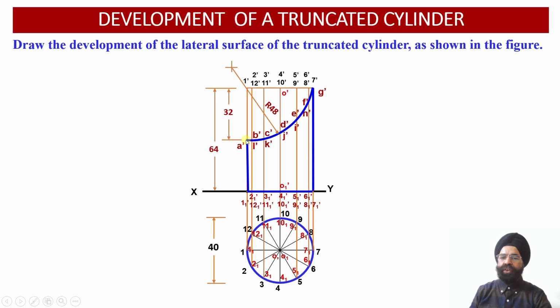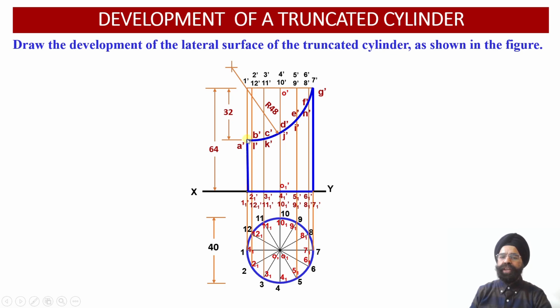Now the question arises, how do we obtain this circular arc in the front view projection? We know that the radius of the cylinder is 40 millimeter on the horizontal side. On the vertical side, the intersection of the circular cut section with the cylinder starts at a distance of 32 millimeter from the top face, that is at the midpoint of the edge 1 dash 1 dash.